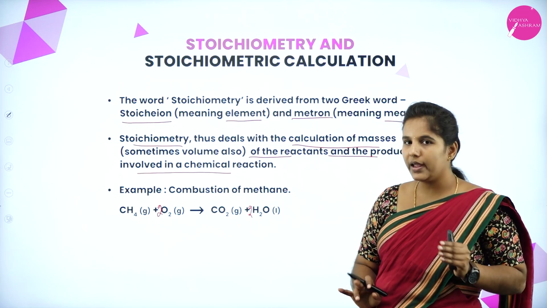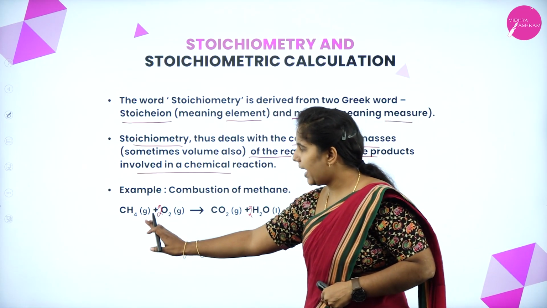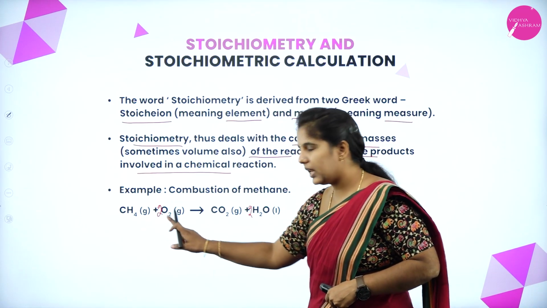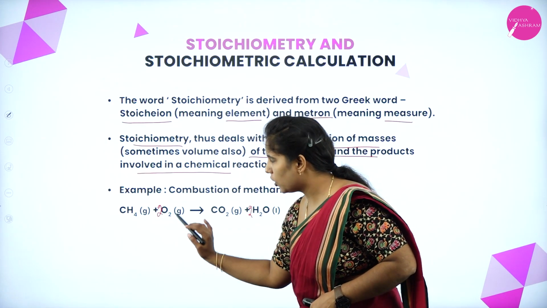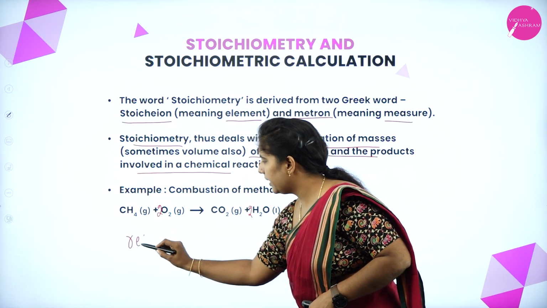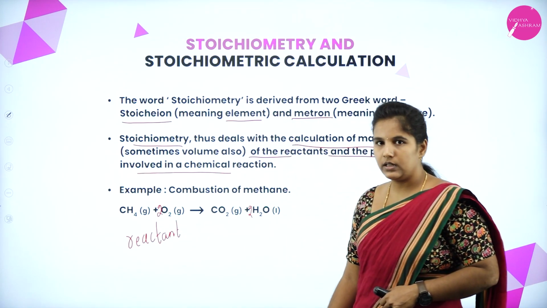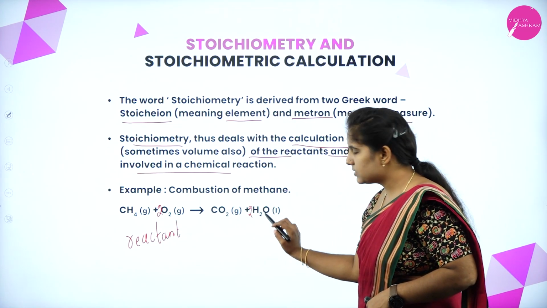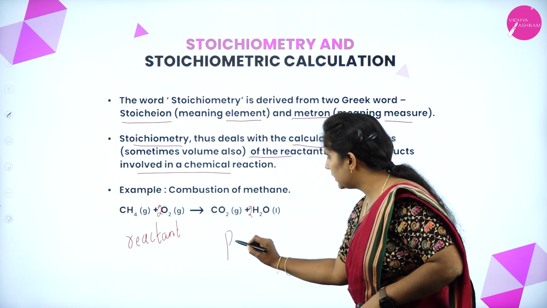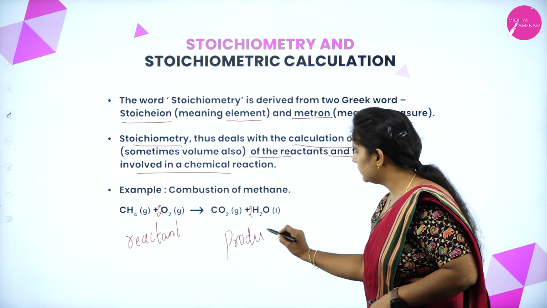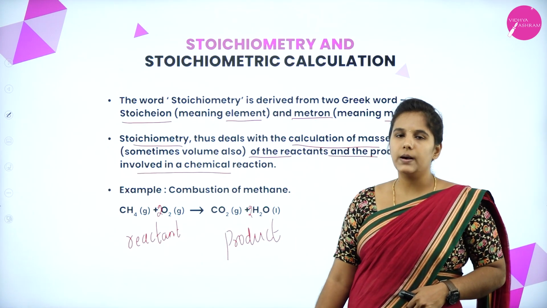After that, you can clearly say that the reactants are the methane and the oxygen. They are the reactants. Understood? So the carbon dioxide and water, they are the products.